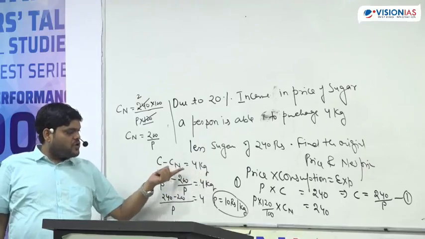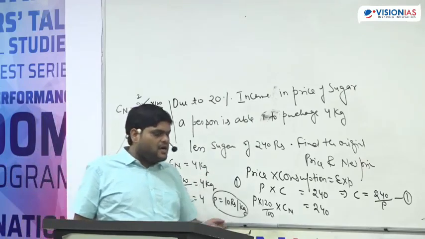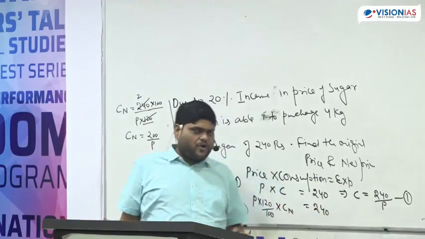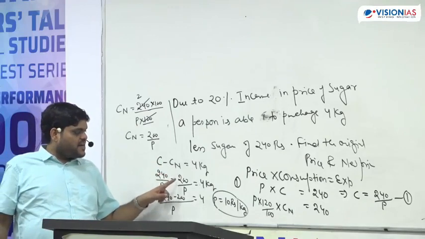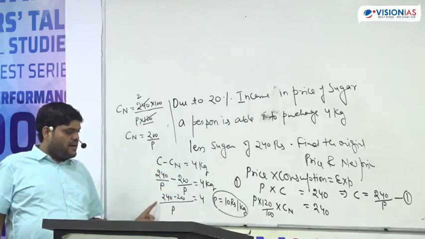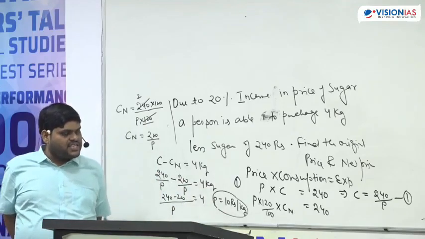When the difference is equal to 4 kg, we can put C from the first equation, 240 upon P, and Cn as 200 upon P. We have just solved, and P is coming as 10 rupees per kg.